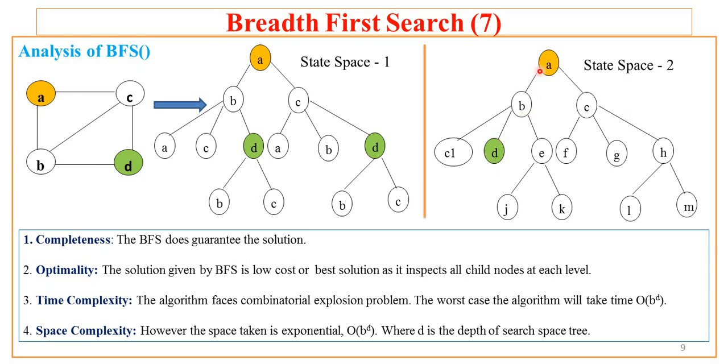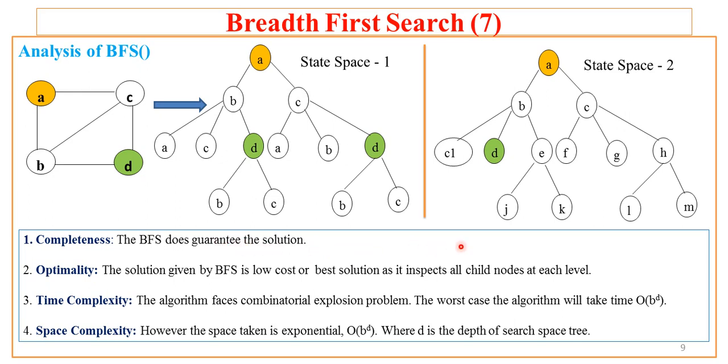Like DFS, if it follows a wrong path, may not give a solution, but BFS, as it follows the right way of exploring each level, gives a guarantee of solution. So BFS does give a guarantee of the solution.